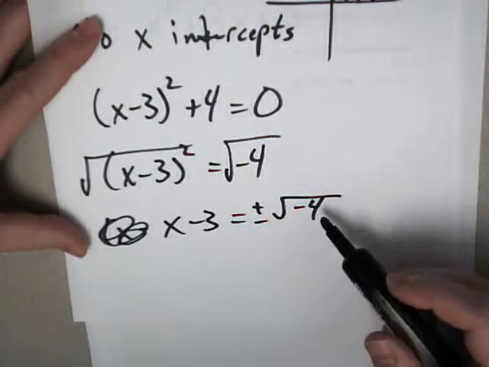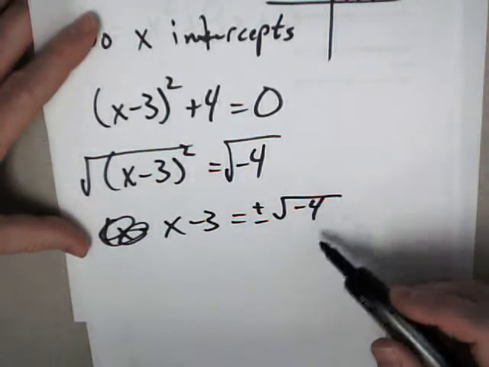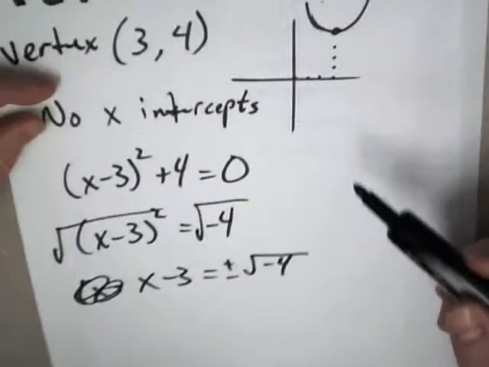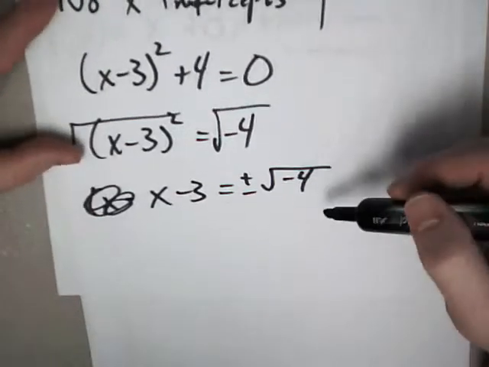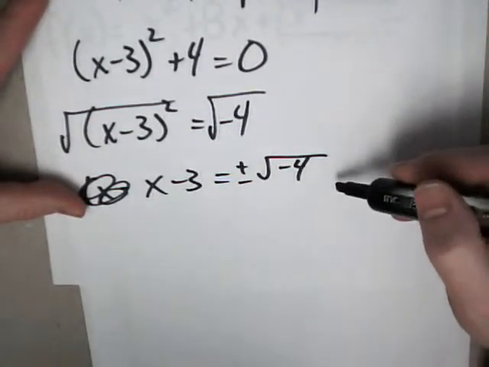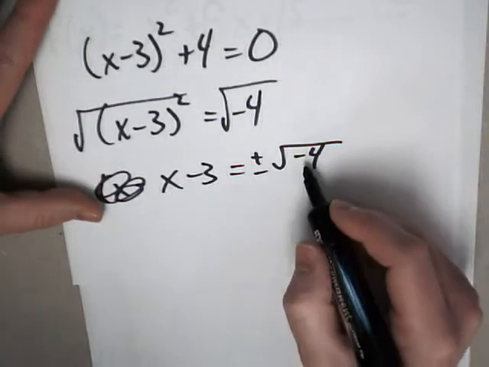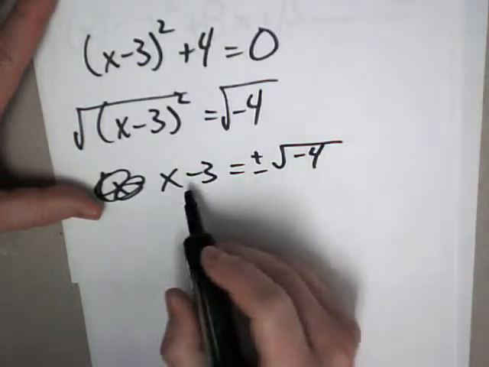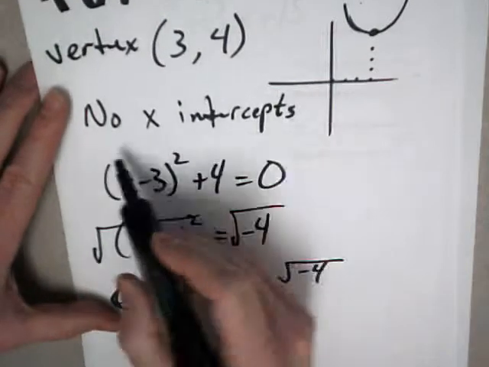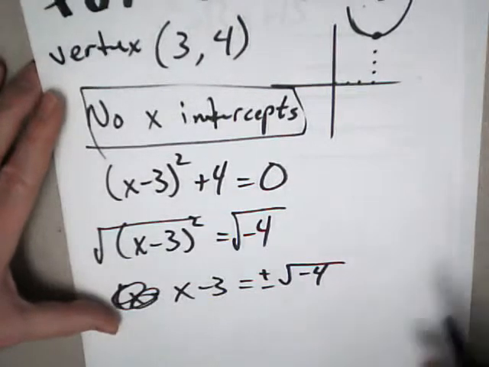So you wind up with imaginary numbers, or complex numbers. It doesn't show up here. So there are x-intercepts to this, but they're not real. They're imaginary. The square root of negative 4, we'll talk about that in later sections. But that's why there are no intercepts. So in this section, you just say no intercepts.